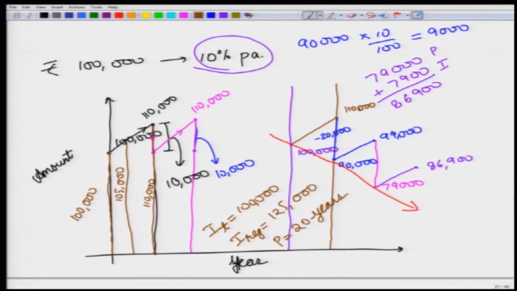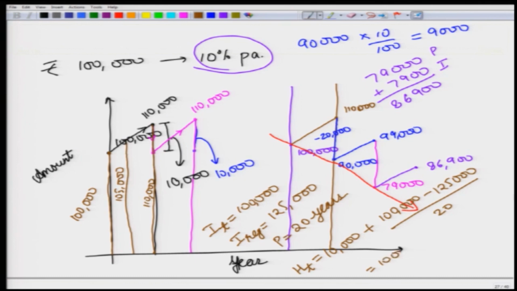So, the Austrian formula would say that the amount that I can extract every year is equal to the increment, which is 10,000, plus I_t, which is 100,000, minus 125,000, divided by 20.